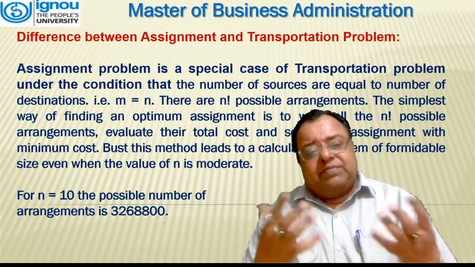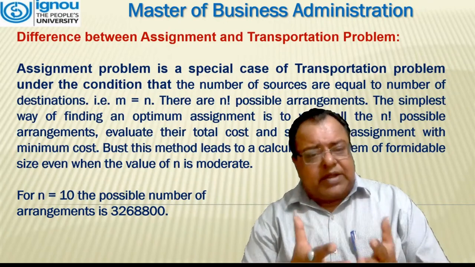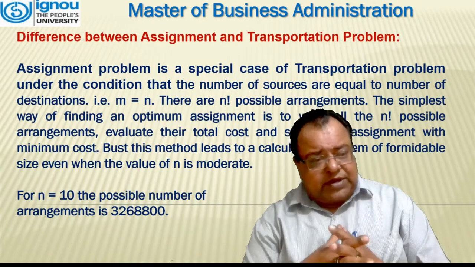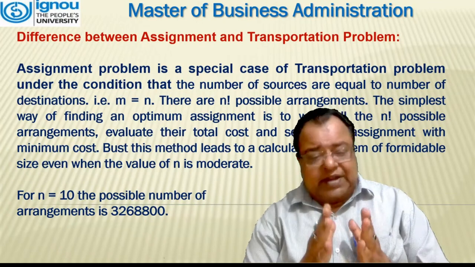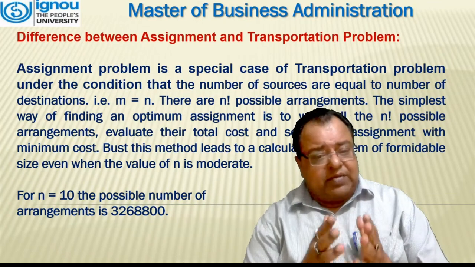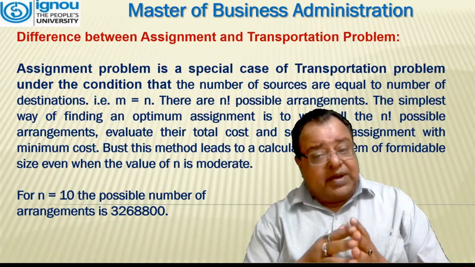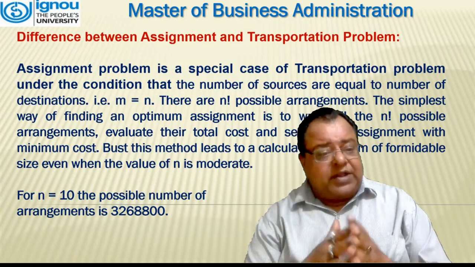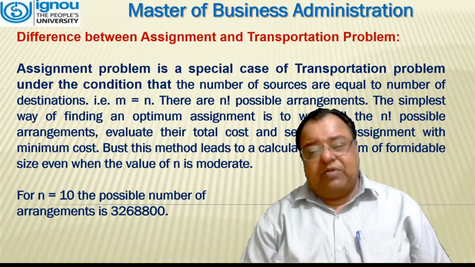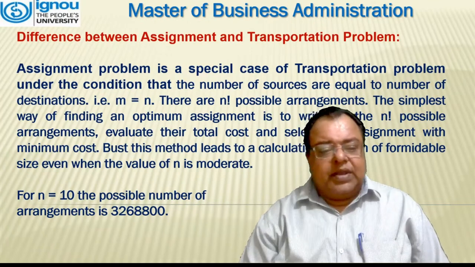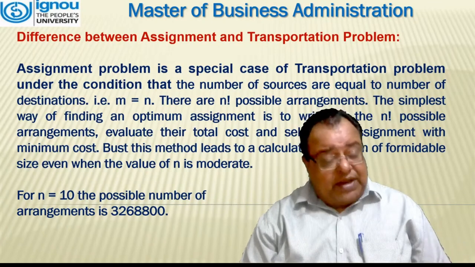Now, what is the difference between assignment and transportation problem? Assignment problem, as we said, is a special case of transportation problem under the condition that the number of sources is equal to the number of destinations, that is M is equal to N. There are N factorial possible arrangements. The simplest way of finding an optimum assignment is to write all the N factorial possible arrangements, evaluate their total cost, and select the assignment with minimum cost.